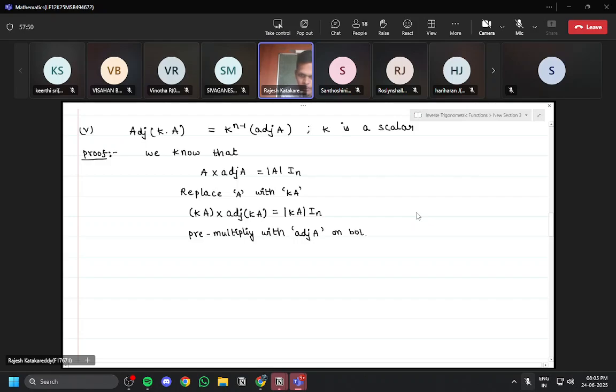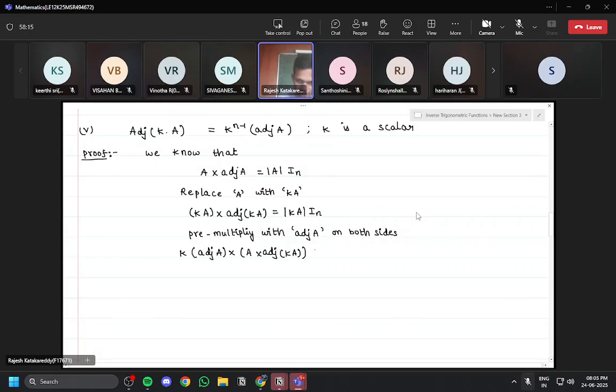If we pre-multiply with adjoint A on both sides, listen, a scalar can be taken out. This is K into adjoint of A into matrix A into adjoint of KA.